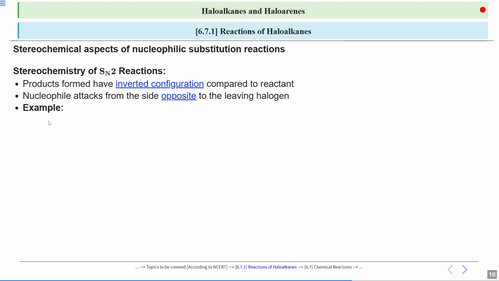For example, you have this halide, that is a haloalkane, and the nucleophile is attacking from the opposite side of the leaving halogen. This nucleophile OH negative is attacking from the opposite side of the carbon-halogen bond, and due to this, the configuration of the product will be inverted.